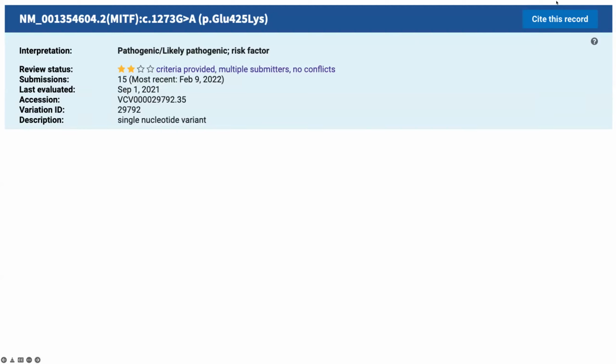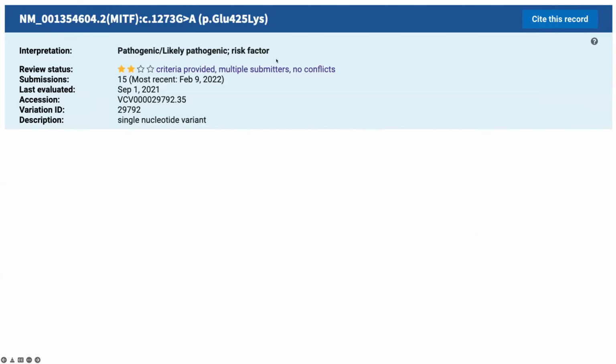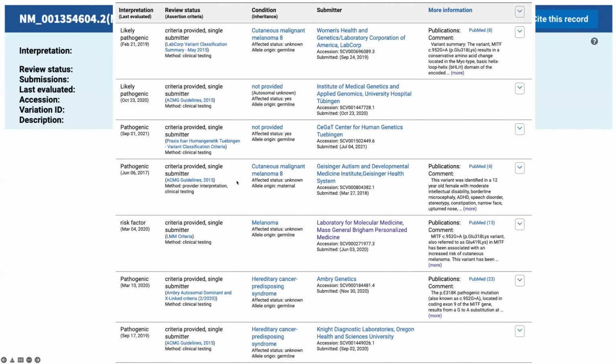All right. So this is MITF. This is one that we talked about a little bit. MITF is a gene associated with hearing loss, but also in this instance has a variant that's associated with risk for melanoma. And this is what you would see when you go to ClinVar: actually no conflicts for this one, which is interesting.